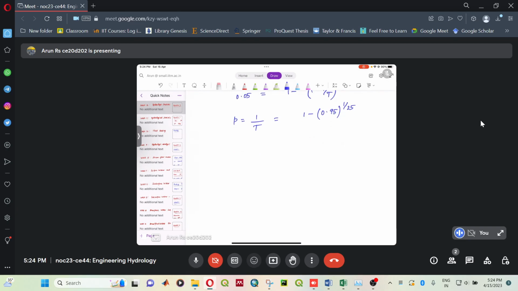So once we estimate the probability, we can just take the inverse of it and we will get the return period, which in this case is 487.89 years. Suppose if you are asked to round this off, you need to round it off to a higher value. You should not round it off to the lower value.